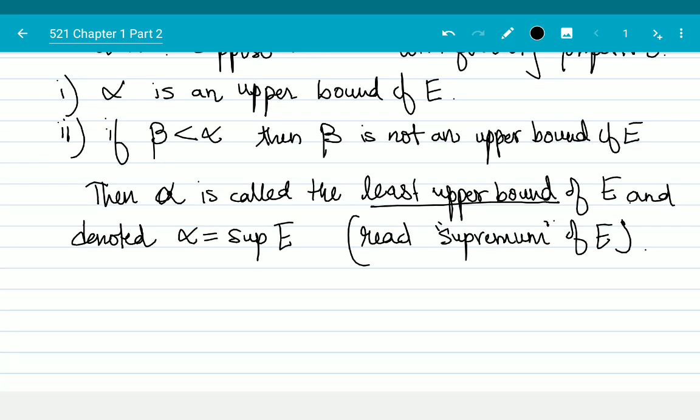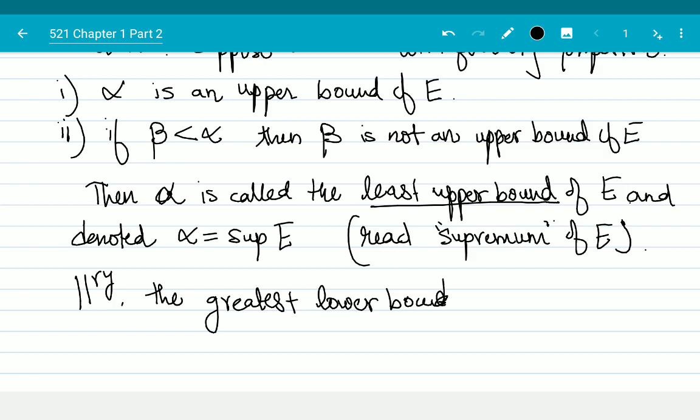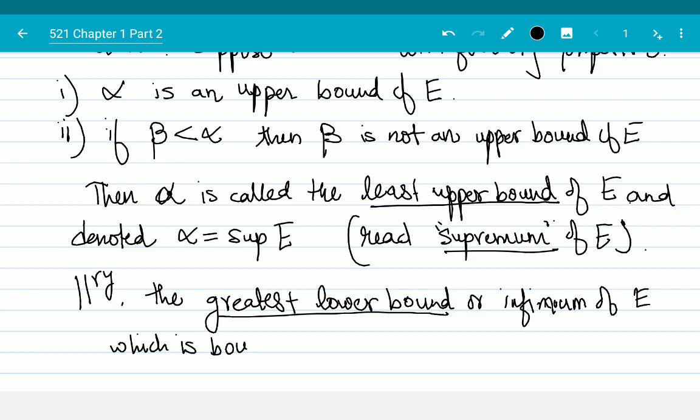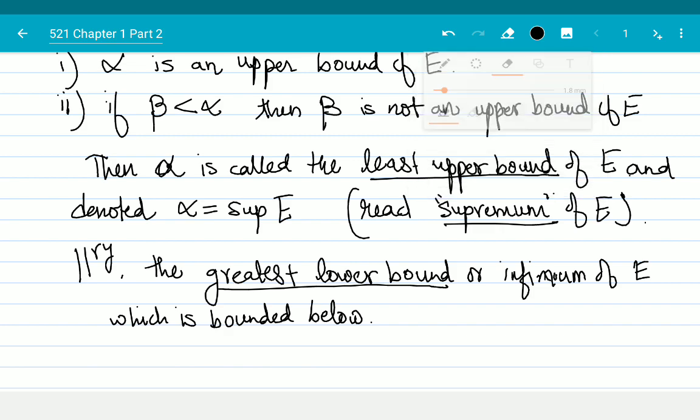The greatest lower bound, or infimum, of a set E which is bounded below, is defined similarly.